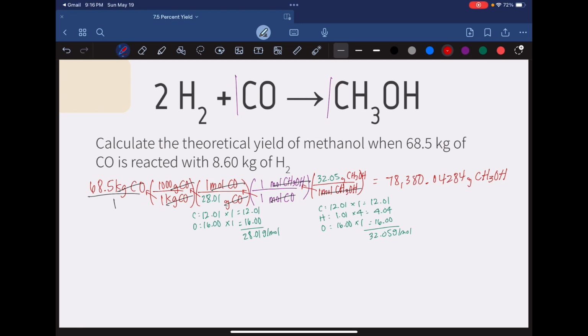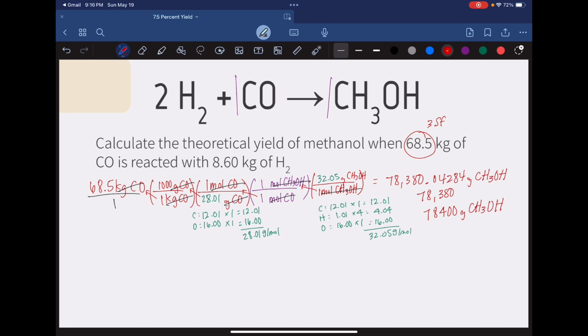If I rounded to a whole number without the decimals, it would look something like this. And if we wanted to do sig figs, this is 3 sig figs. So it'd be 78,400 grams of methanol, because that 8 will round up that 3.